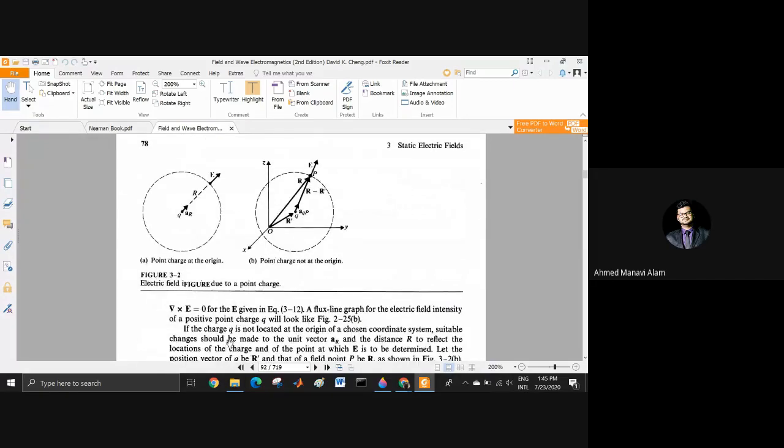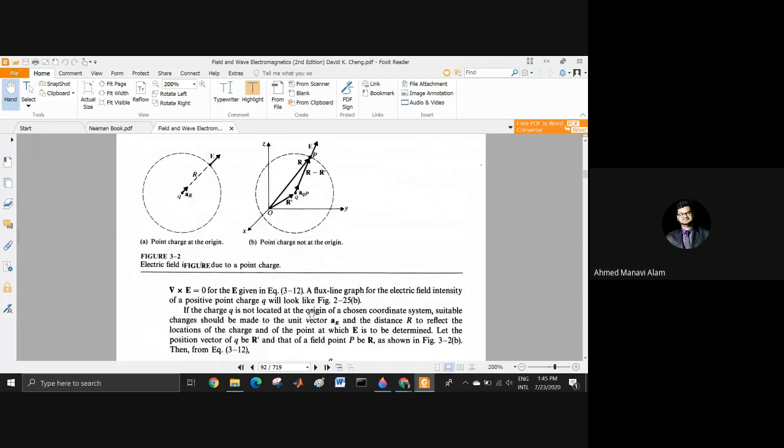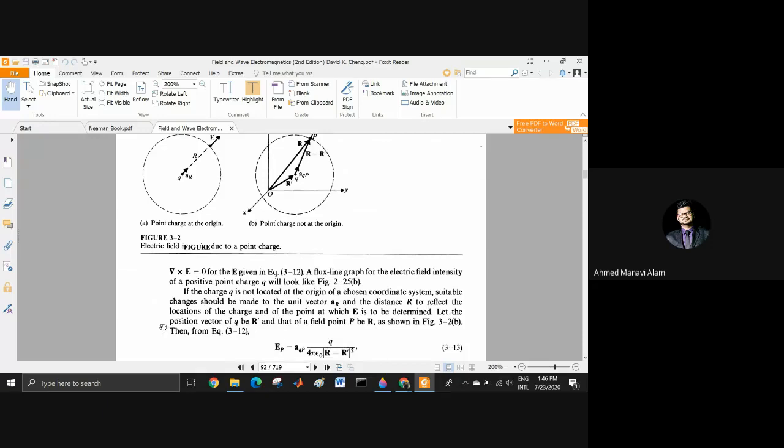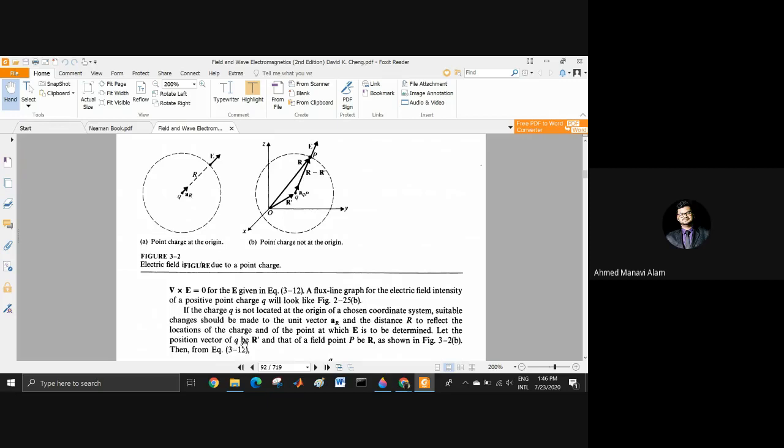Now, if the charge q is not located at the origin of a chosen coordinate system, suitable changes should be made to the unit vector AR and the distance r to reflect the locations of the charge and of the point at which E is to be determined. Let the position vector of q be r prime.